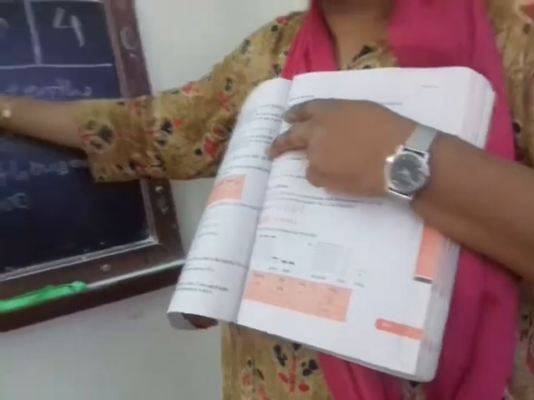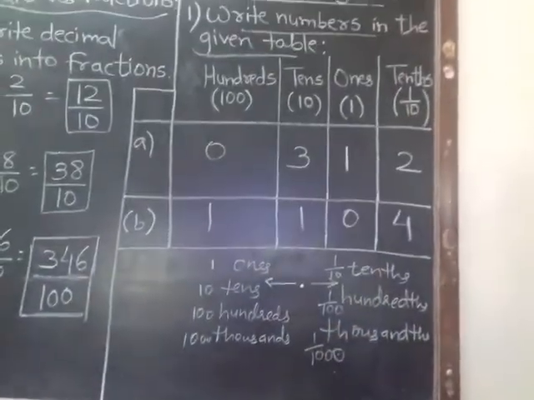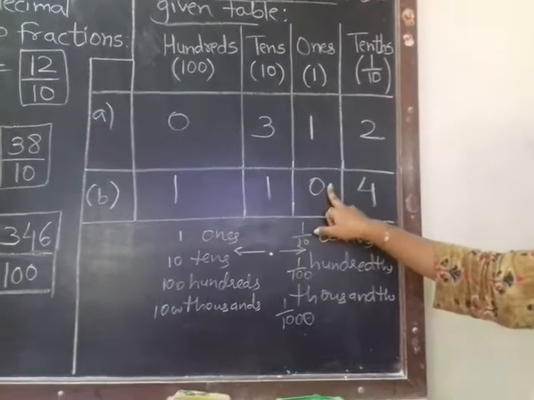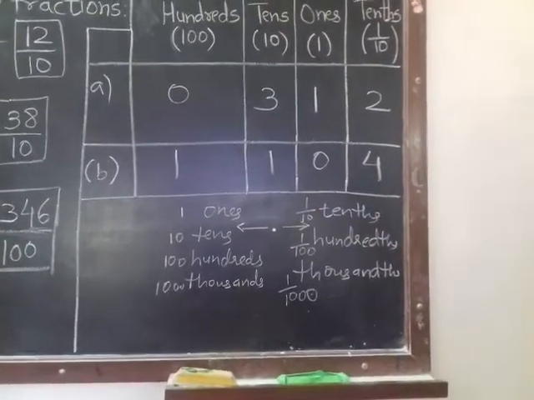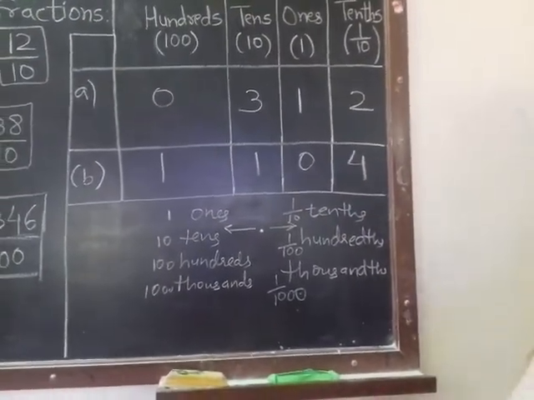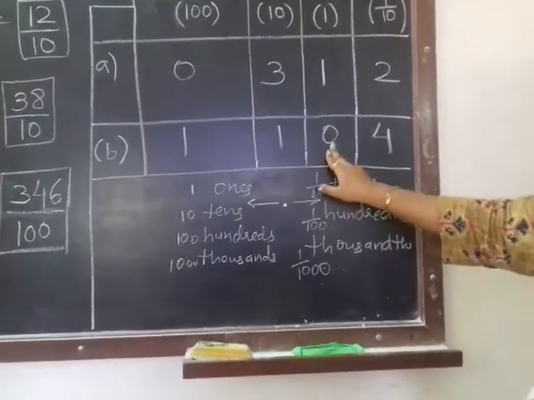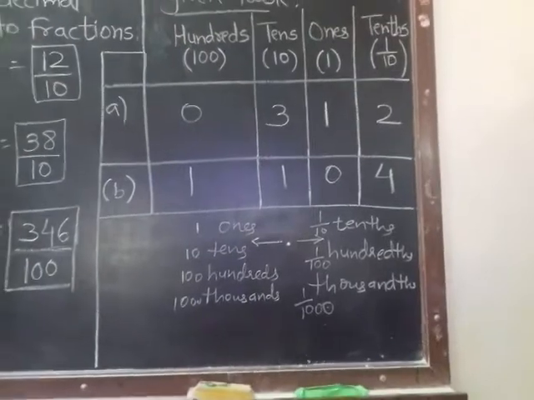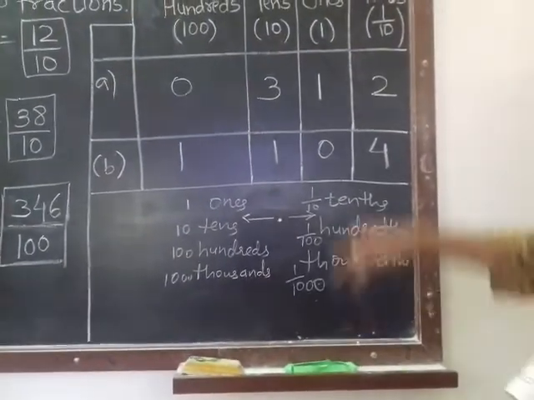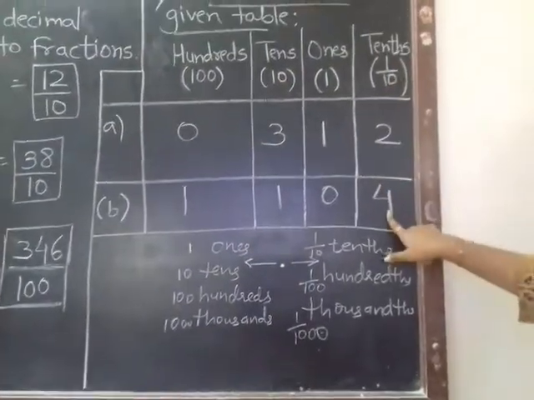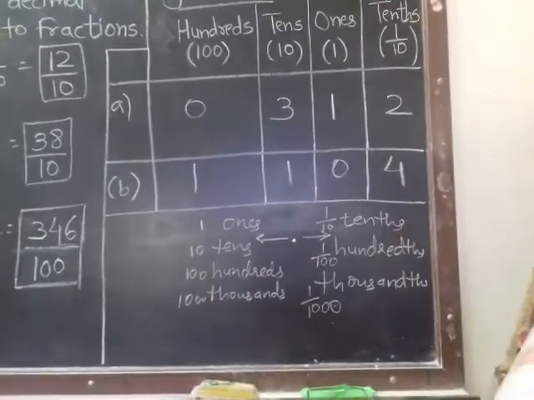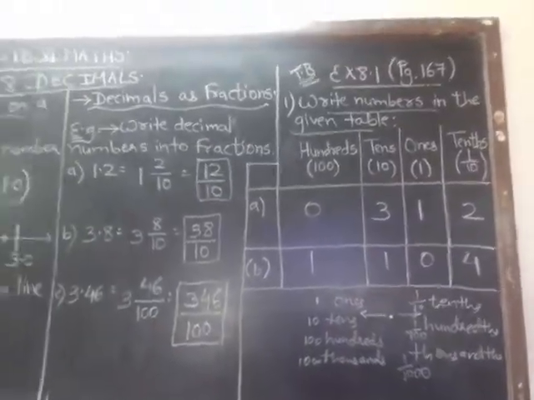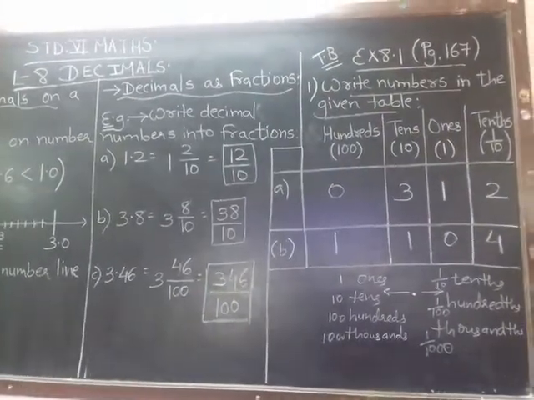So write 1 in the tens column, that is before the decimal. Have they given the ones number? No. In the B part they have not given the ones number, so we will symbolize it as 0. And in the tenths column they have drawn 4, so in the tenths column of the place value table we will write 4. I hope this is clear to you. I move on to question number 2 of exercise 8.1.